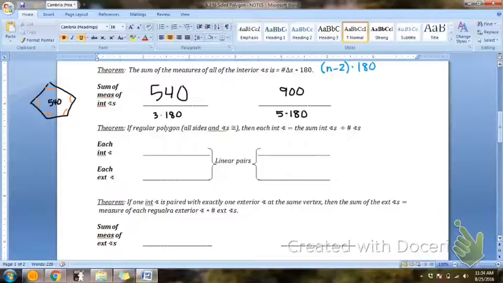If I know that it's 540 altogether, I could divide it by 5. Okay, so do that. What's 540 divided by 5? 108. So that means each angle inside of a pentagon is 108 degrees. Because I did 540 divided by 5.